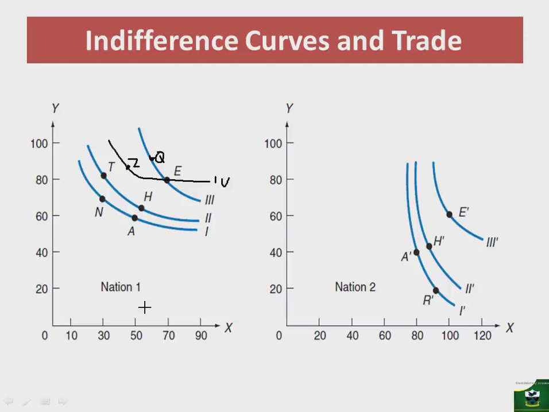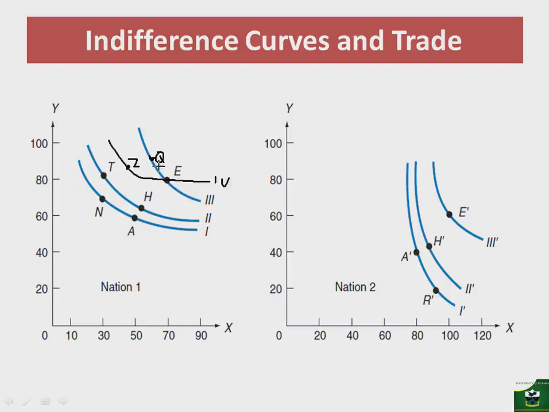You will notice that Q and E are on indifference curve 3, Z and E are on indifference curve 4, but E is on both 3 and 4, which means that if that be the case, then Z and Q should also yield equal satisfaction to the consumer. But we see that these two are on different indifference curves, and therefore it distorts the analysis in knowing which one is on a higher indifference curve or which one is on a lower indifference curve.